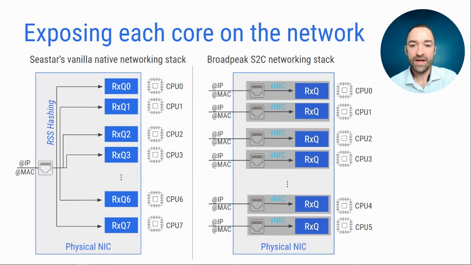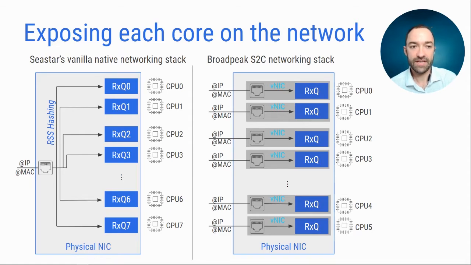So we see that it's great for server-side applications, but for client-side, what Seastar does is kind of reverse the hashing by trying to pick a port that will ensure that traffic will come back to the right core. What we did with Broadpeak is that our sharding of the core networking stack is different. We decided to expose each CPU core onto the network. We give each CPU core its own identity, its own IP and MAC address, by giving each CPU core a dedicated virtual NIC.